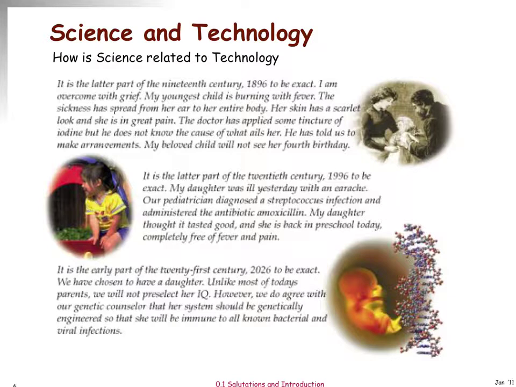Their skin is scarlet, and the child is generally in great pain. For those of you who have children, you know that it's basically streptococcus. Back in 1896, the doctors would simply apply tincture of iodine and expect the best. Most children did not live past 4 years old.